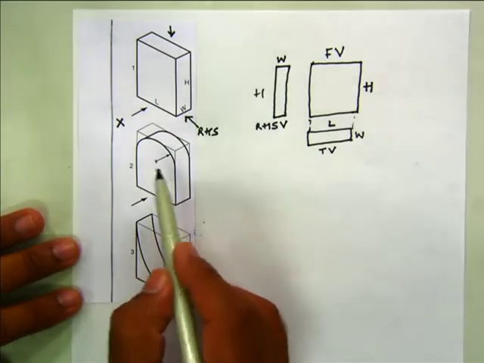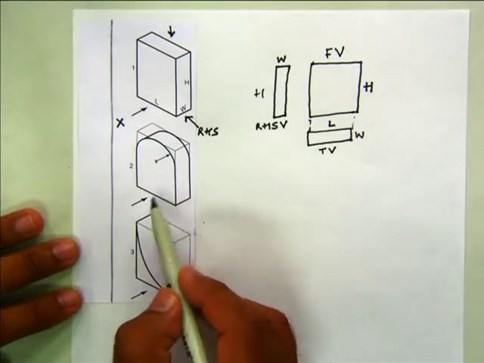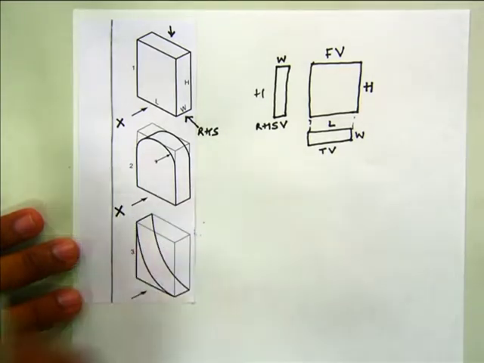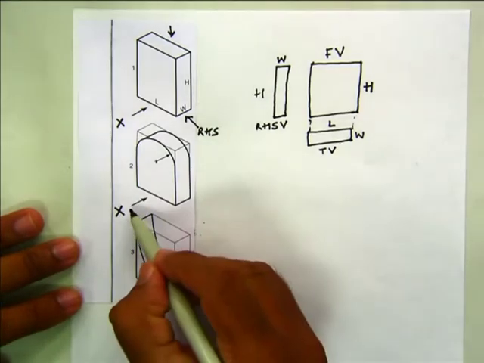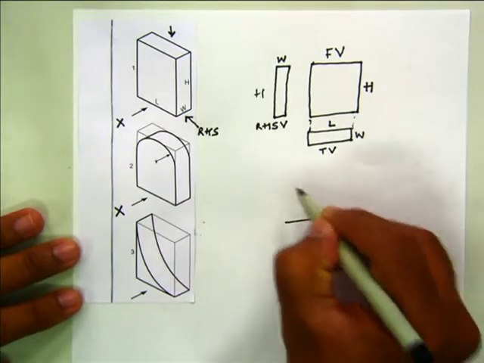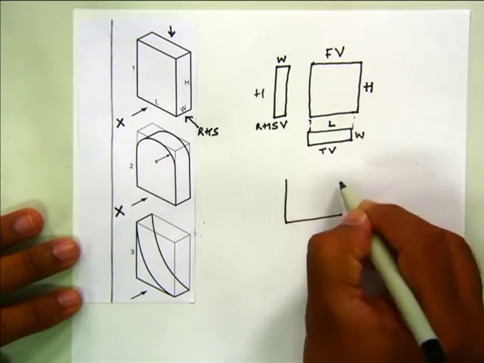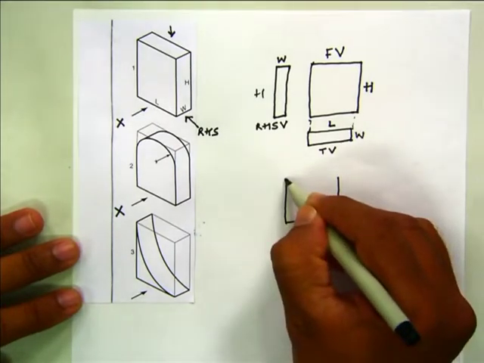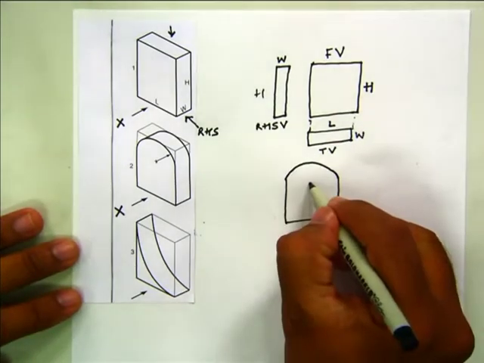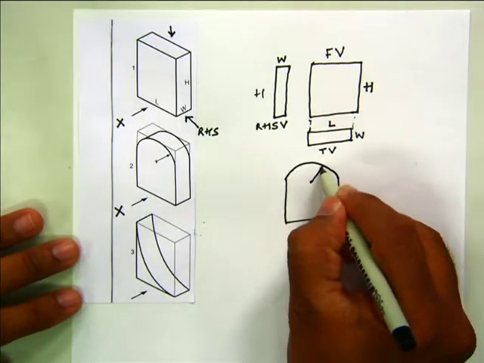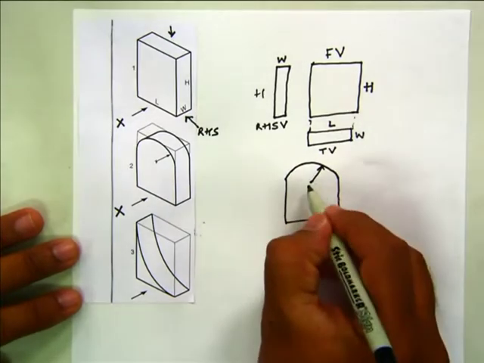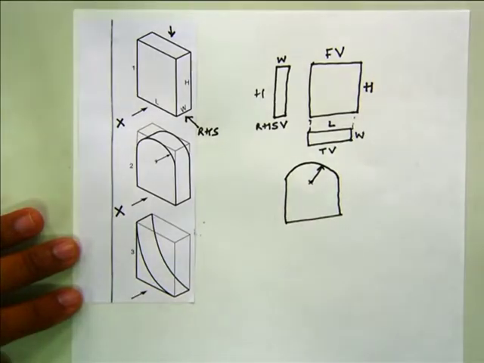Similarly, take the very next figure. When we are viewing from X in a front view, we can see this view. This is the curve you can have from this center.